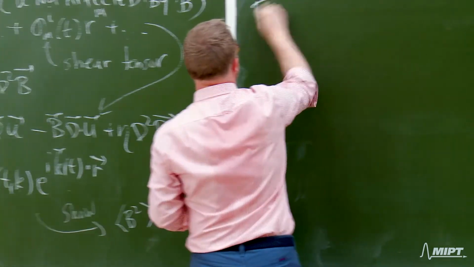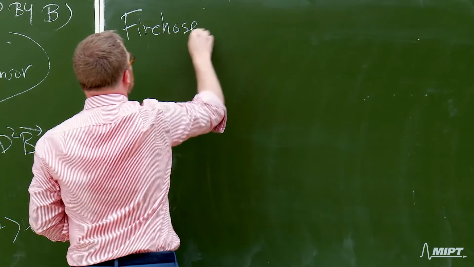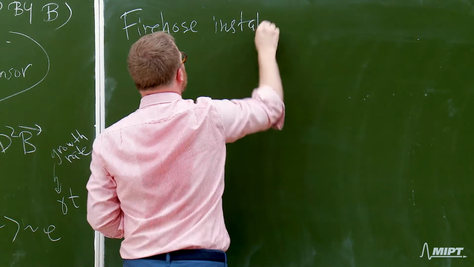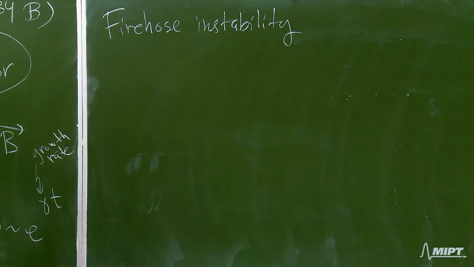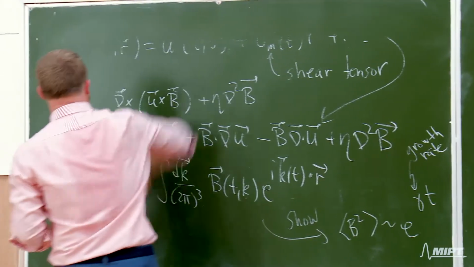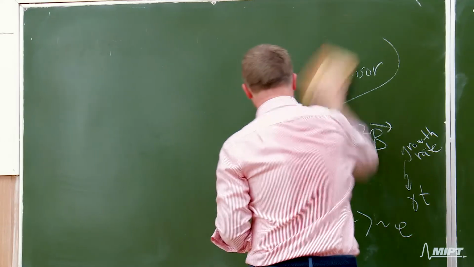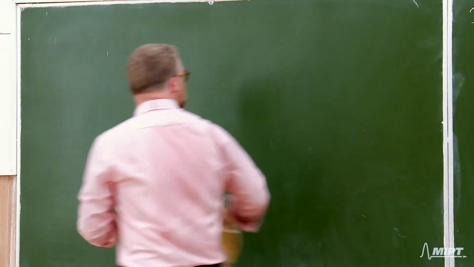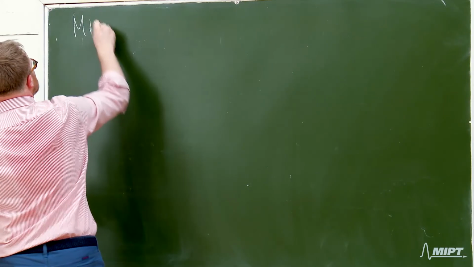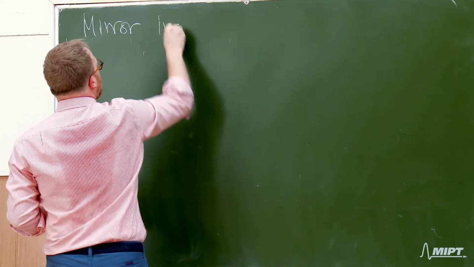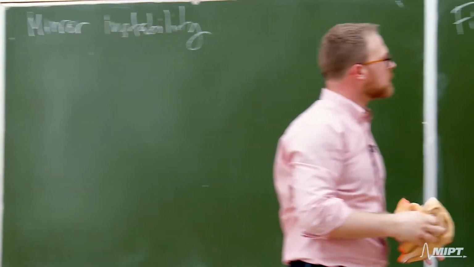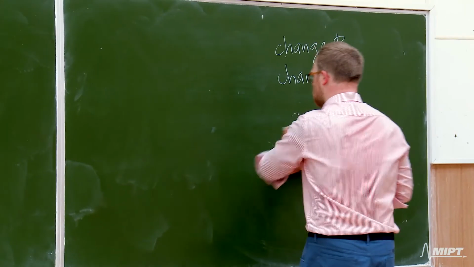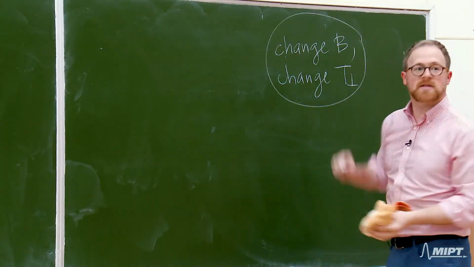So one is something called a Firehose instability. And I'll put that there. And here's something called the Mirror instability. And these instabilities basically come from this.